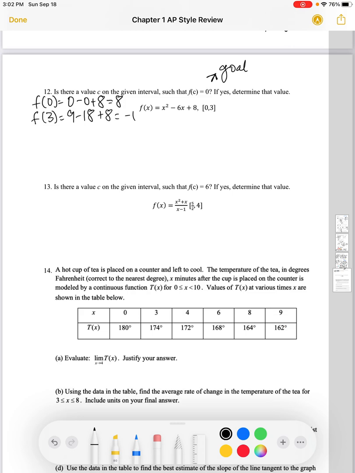All right, so we know that we're going to have a y value. Because the y values go from 8 all the way down to -1, we have to hit that value of 0. So I'm going to start by saying that.